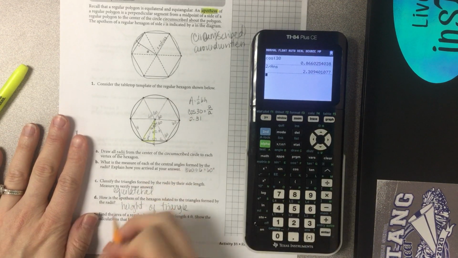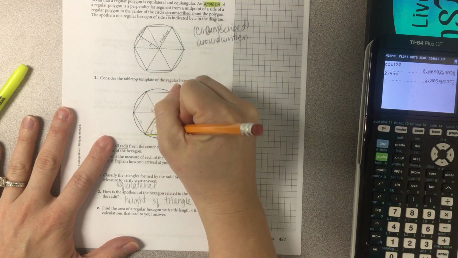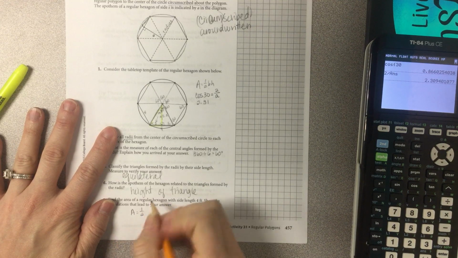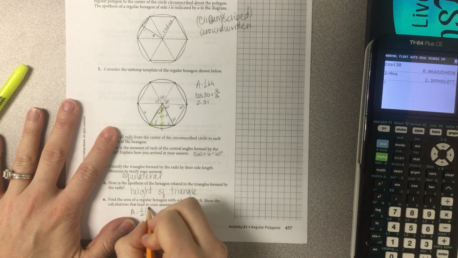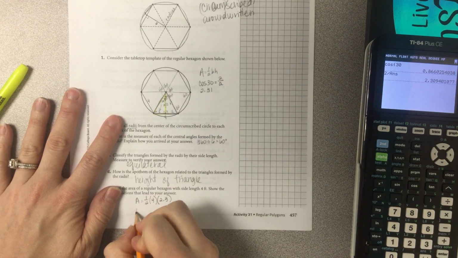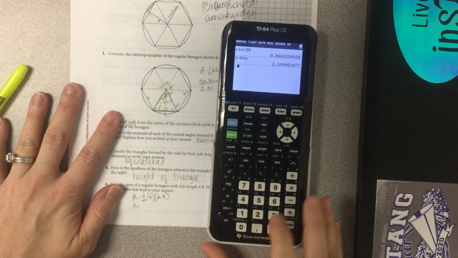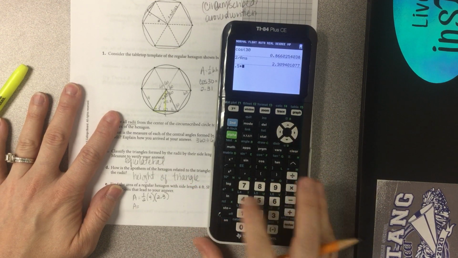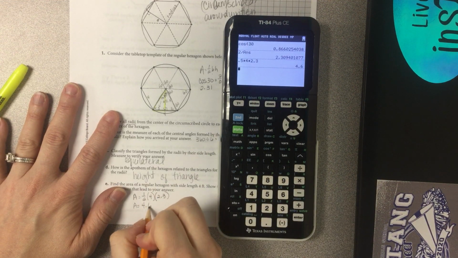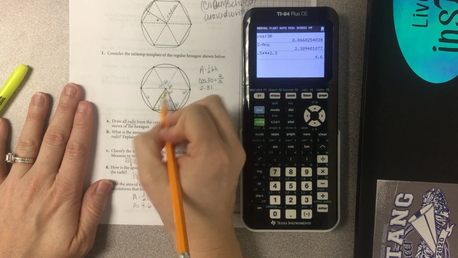So if I'm finding the area of that whole triangle, then I would do 1/2 of the base, which is 4, times the height, which is that apothem of 2.3. I'll plug that into my handy dandy calculator. 0.5 times 4 times 2.3, and I get 4.6, as my area of one triangle.